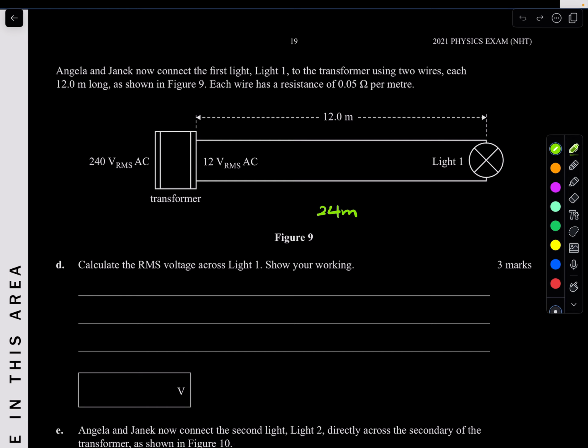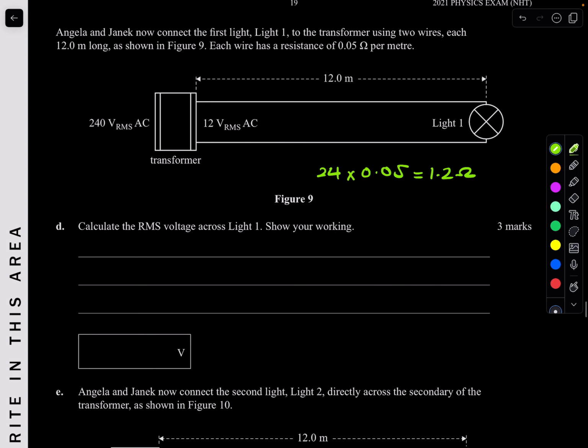The question tells us that every meter of wire has a resistance of 0.05 ohms. So I'm going to multiply 24 by 0.05 to get the overall resistance in the transmission lines. 24 times 0.05 is 1.2 ohms in those transmission lines.